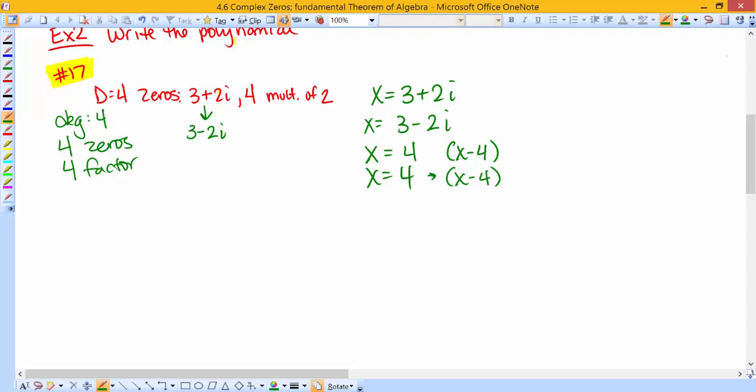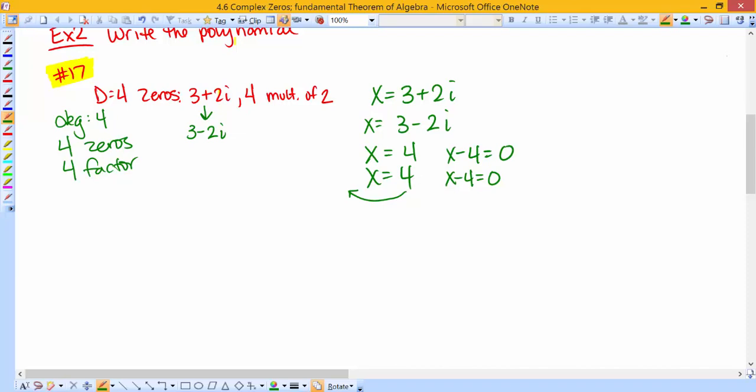Now, when I'm writing my factors for the imaginary ones, it might help to look at these written out as equations. I want these to equal 0. So I'd have to move the 4 back, which makes it x minus 4 equals 0.